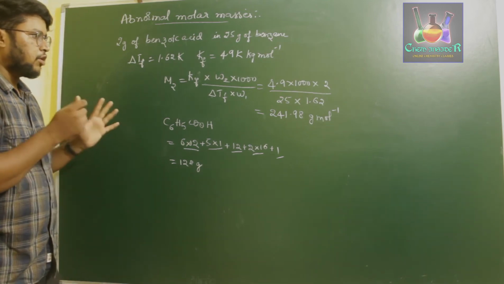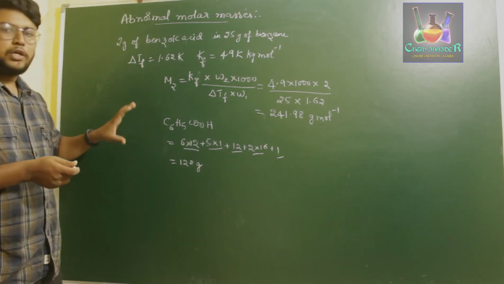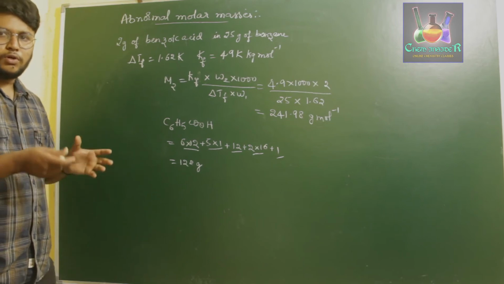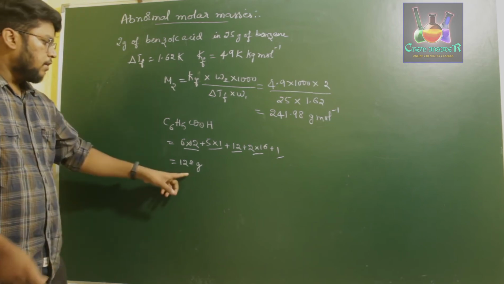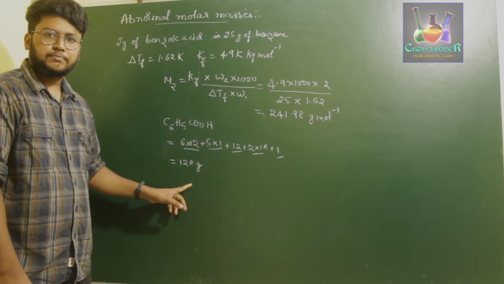So clearly, whenever you calculate the molecular mass of a compound using a colligative property, we observe a variation.